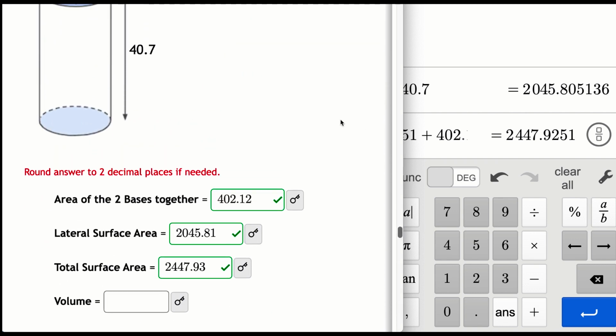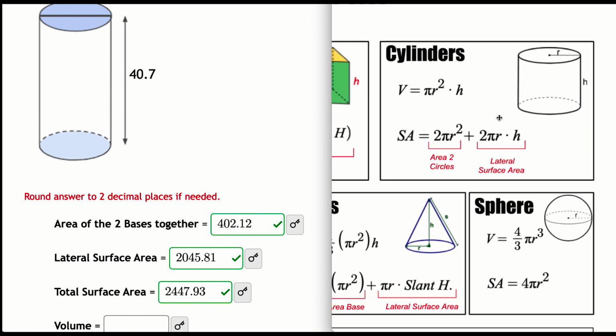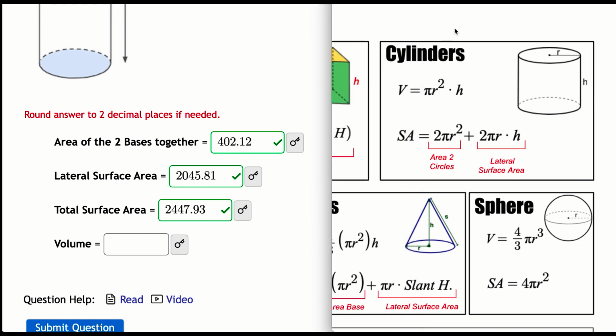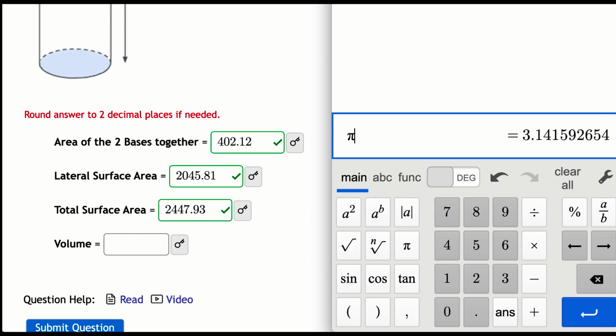Now the volume of cylinders is actually not that hard to figure out either. Go to your formula sheet for volume, and it just says take pi r squared times the height. Well, your radius, again, is just 8, and then your height is 40.7. So I'm going to go pi r squared times the height. So pi times my radius, which is 8, squared, and then times your height.